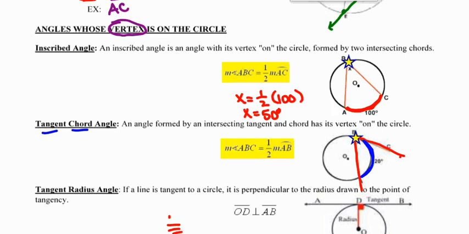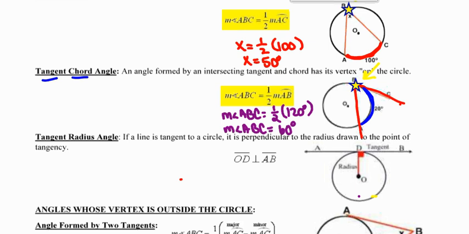So the measure of angle ABC is going to be equal to half of the 120-degree arc that it intercepts, or in other words, 60 degrees. But again, notice that in both of these instances, the vertex is on the circle, and the angle measure is half the arc. I'm seeing kind of a theme emerge here.